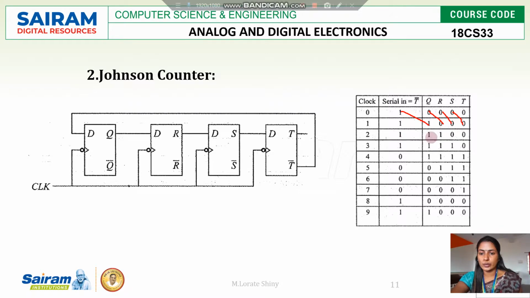Q is the complement of T. You can see, Q is the complement of T. So T is 0, so in the next cycle Q is 1. Remaining all will be shifted. Here also it's 0, so in the next cycle Q is 1. Okay, you see everything. We'll see this also. T is 1, so when it comes here, it becomes 0. Remaining will be shifted.